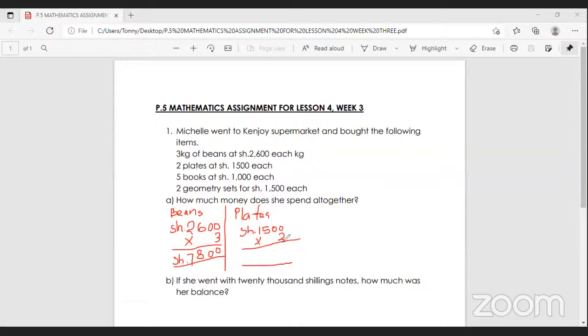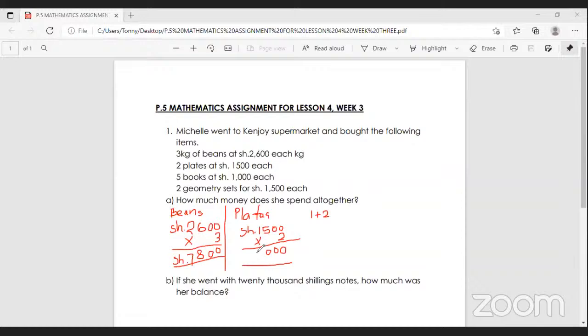2 times 0 equals 0. Good. 2 times 0 equals 0. Good. 2 times 5 equals 10. We write 0 and we carry 1. Okay. 2 times 1 equals 2, plus the 1 that you have carried.